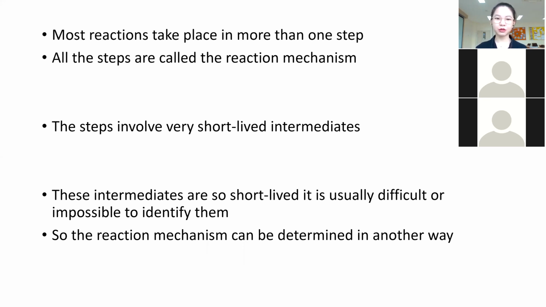It's really difficult to know about the intermediate stages just by experiment because they're so short-lived, so usually it's determined by extrapolation from the Born-Haber cycles. The rate determining step means that it's the step, the intermediate stage, that determines the rate of reaction of the whole reaction.